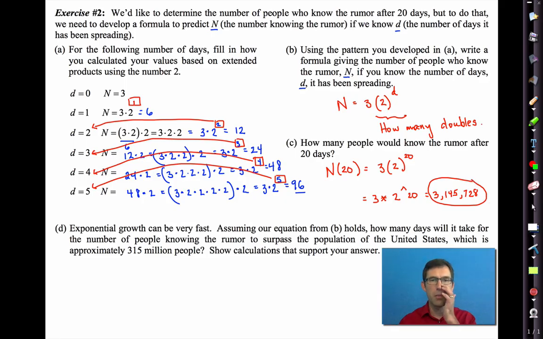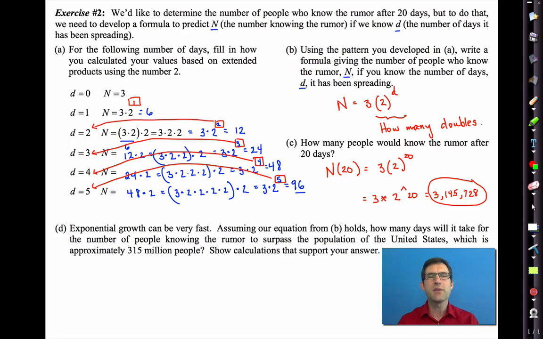Wow, 3 million people knowing a rumor. But think about how quickly things can spread through Facebook or Twitter or what have you. That could easily double every day. And where you start off with 3 people knowing a rumor, 20 days later, 3 million people. Wow, over 3 million people know it.